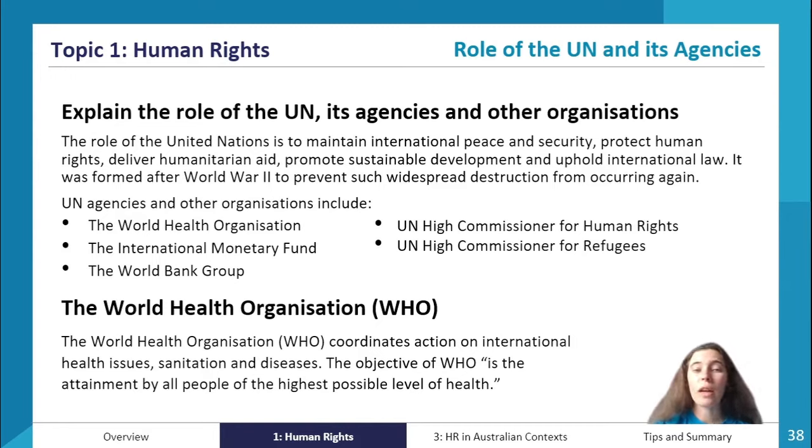So, the role of the United Nations is to maintain international peace and security, protect human rights, deliver humanitarian aid, promote sustainable development, and uphold international law. So, this is that idea that we just looked at. For example, in Article 2.7, it was saying that countries have the right to make decisions for their own territory.